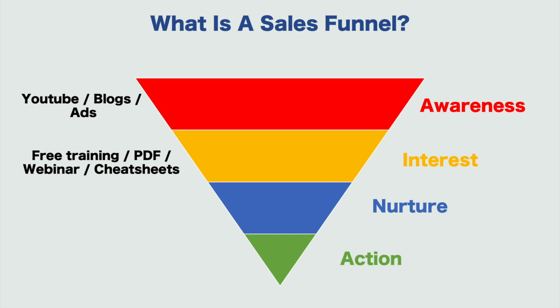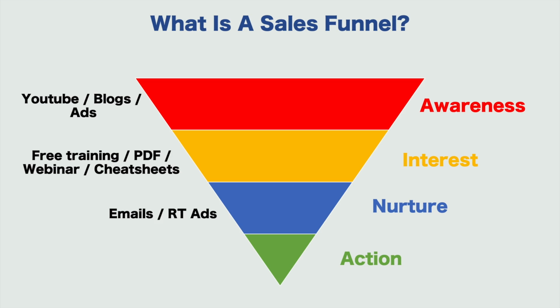So once that person consumes your content, your free training or your free PDF, and you have the email address, then you can move to the next step, that is nurture. What is nurture? Nurture is basically to stay in that person's mind all the time, okay? How?